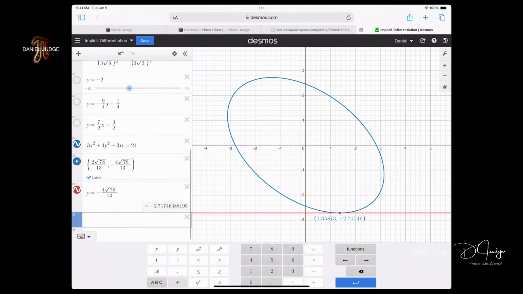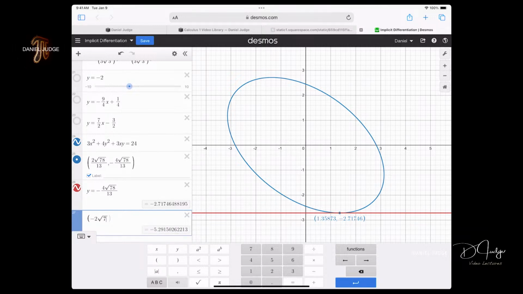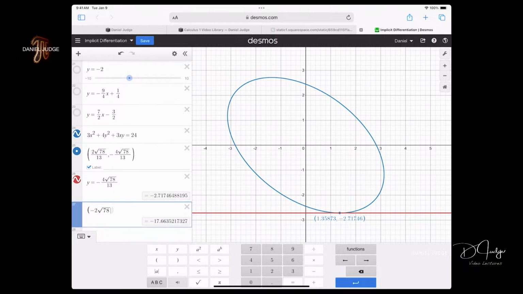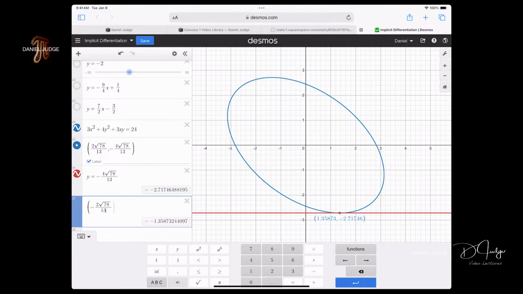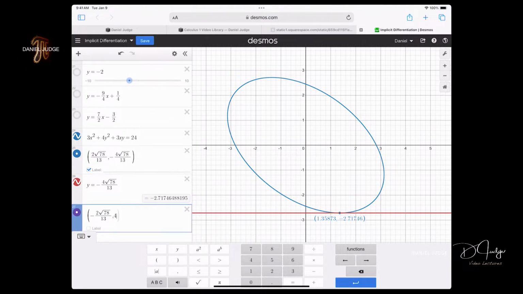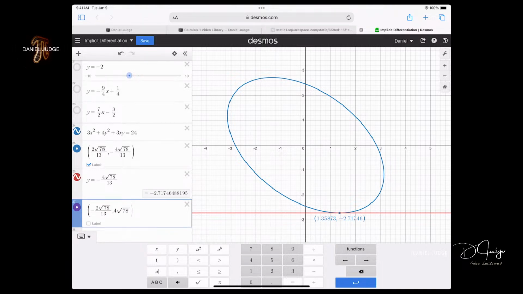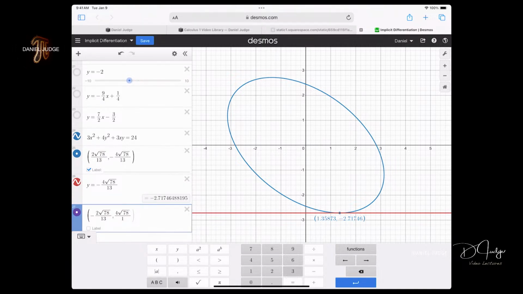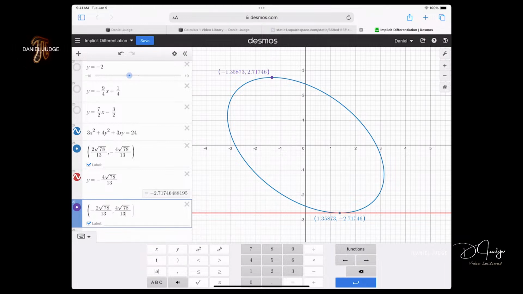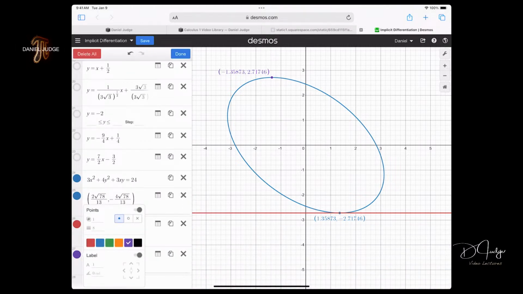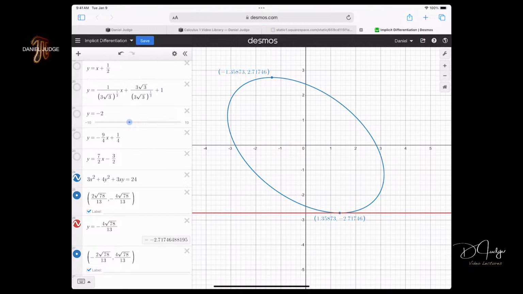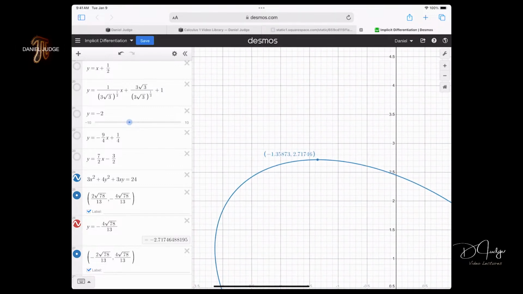And the other point: x is negative 2 square root 78 divided by 13, comma, positive 4 square root 78 divided by 13. Let's label that point. Again, that point is over here on the curve.